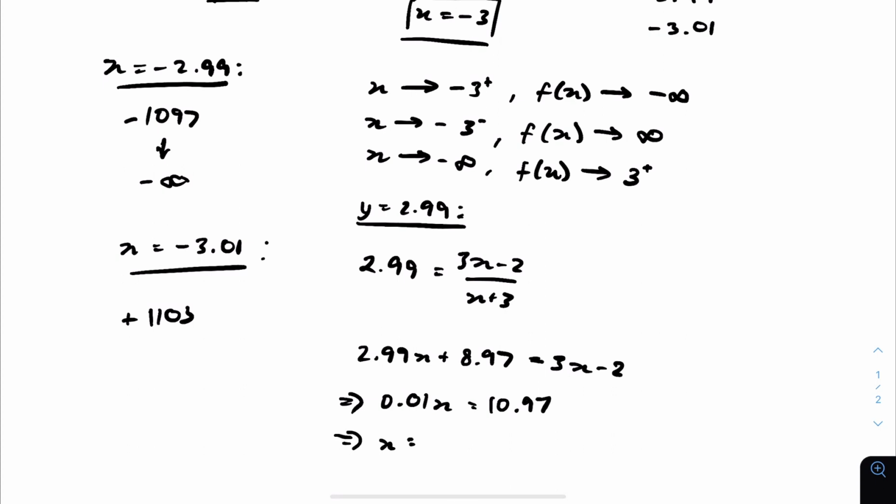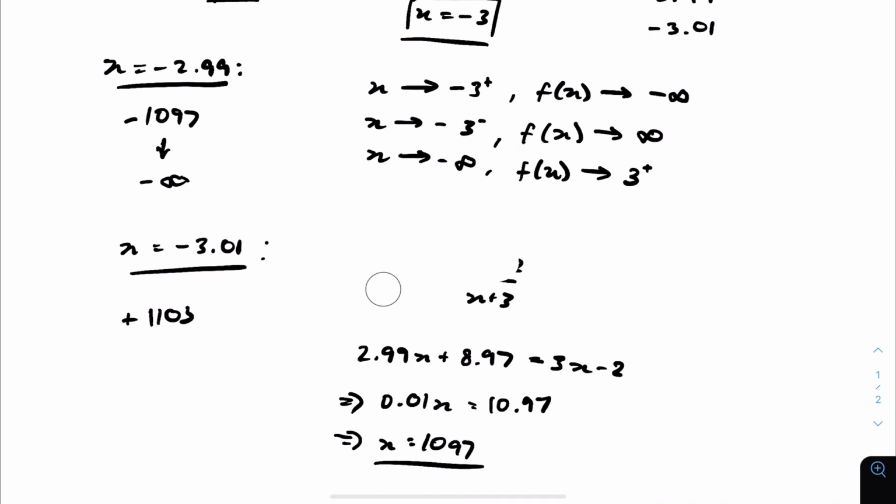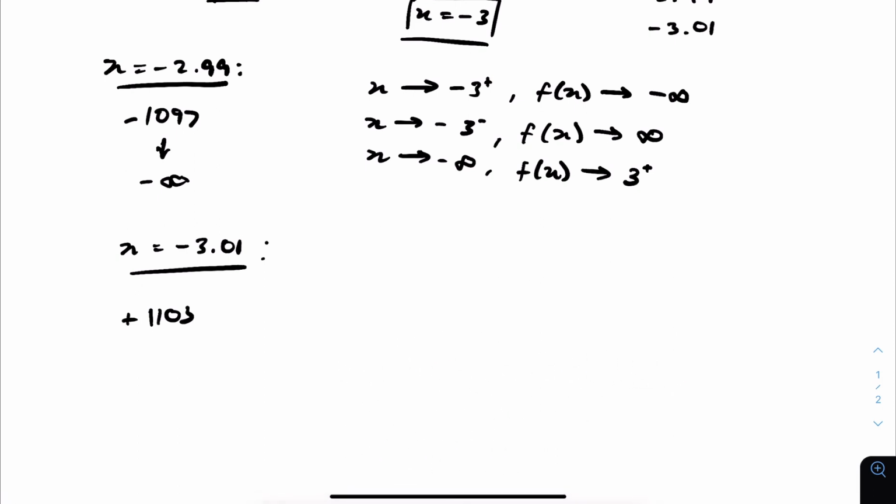So x is equal to 10.97 divided by 0.01, which is 1,097. But again, the number itself is not the point. The point is x is tending towards infinity because it's getting much larger. So the way we write this one is, as x tends towards infinity, f of x tends towards 3 from the negative side.